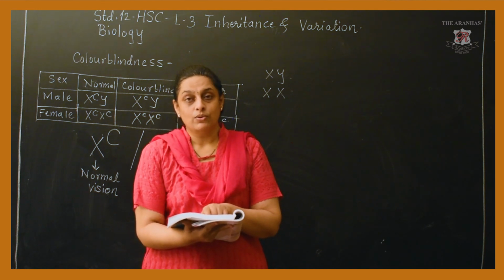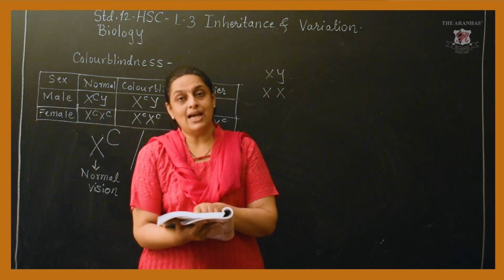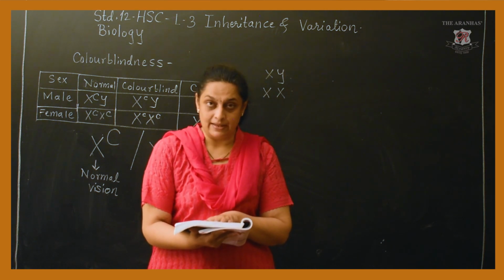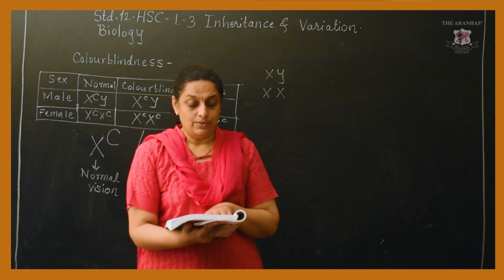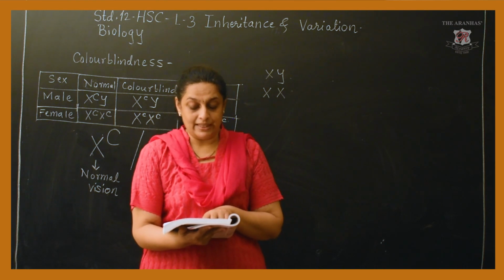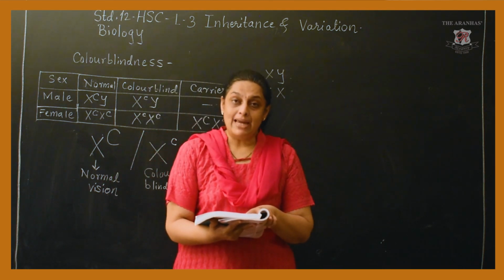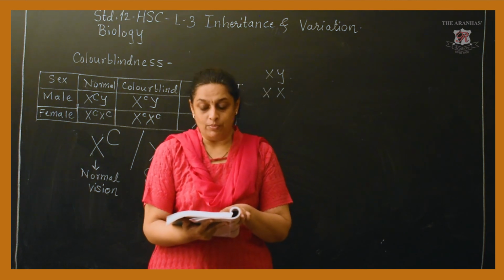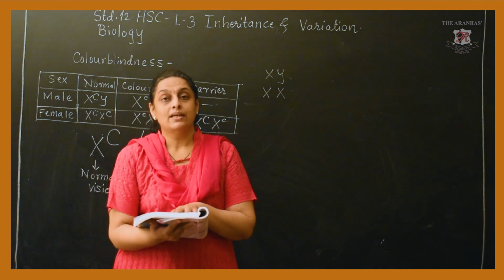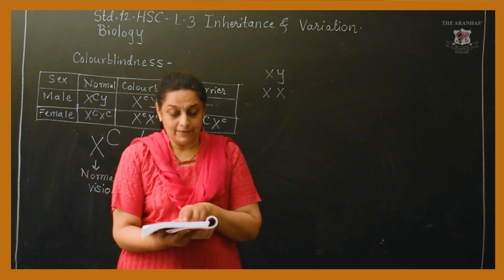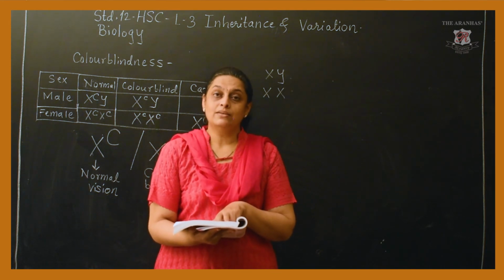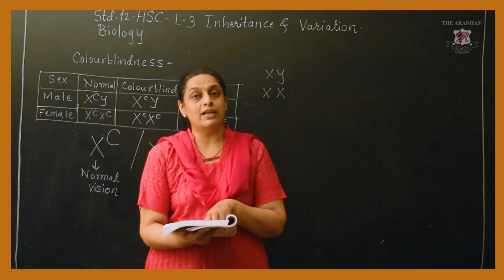She will give rise to one type of gamete because she has normal vision and both the genes are going to be capital C. Now, when we think of various possible combinations, then from the male parent, the X chromosome, when it fertilizes with one gamete from the female, the combination is going to be one normal gene and the other for color blindness.